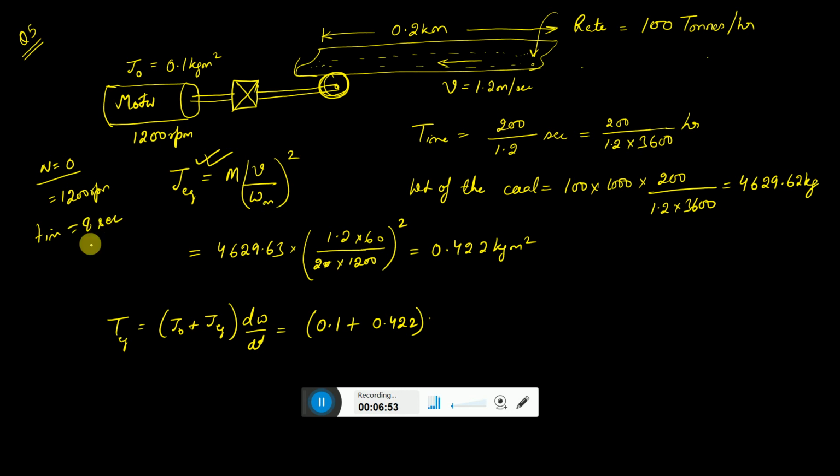So we can write the change in the speed: omega final minus omega initial, which is 0 obviously, divided by 8. The final value is nothing but 2 pi into 1200 by 60, which is 40 pi.